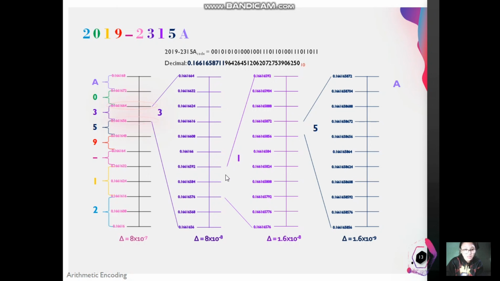And for the next plot, it is located in between 0.166165592 and 0.1661656. And the number associated with that is 1. Next, this decimal value in this plot can be seen in between 0.166165872 and 0.166165856, and the number associated in between this range is 5.